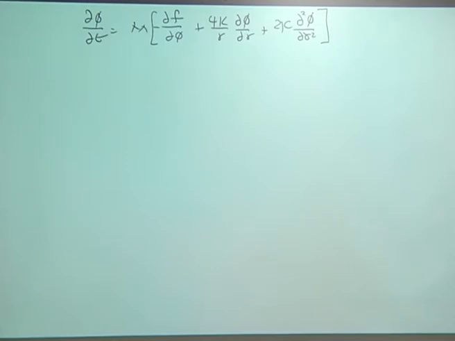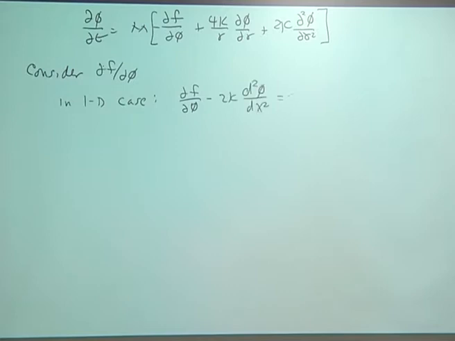Let's consider partial f with respect to phi. In the 1D case, which we've already dealt with, the Euler-Lagrange equation was this, right? That's the Euler-Lagrange equation 1D.